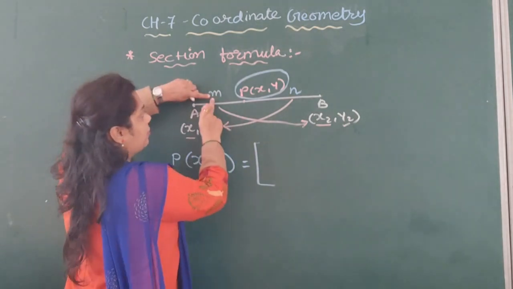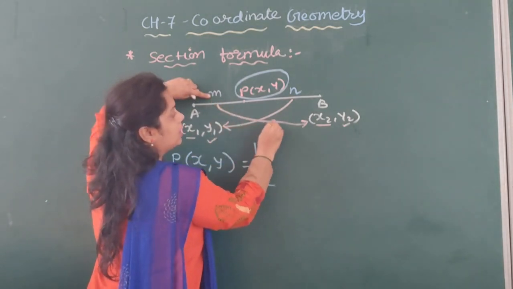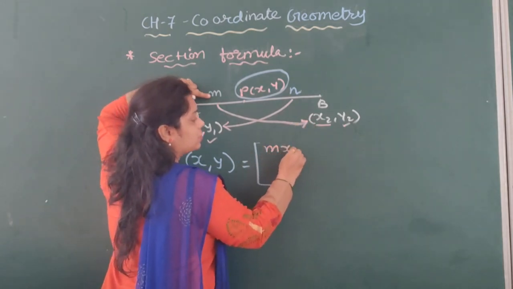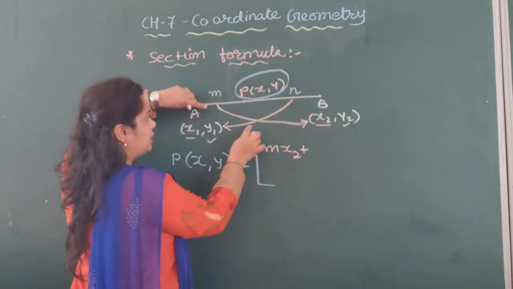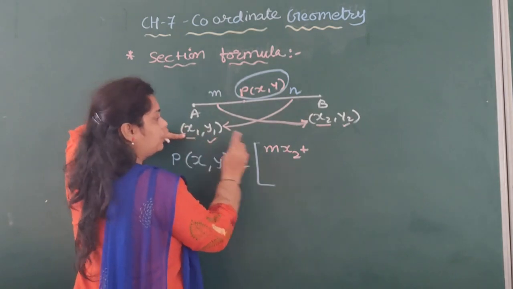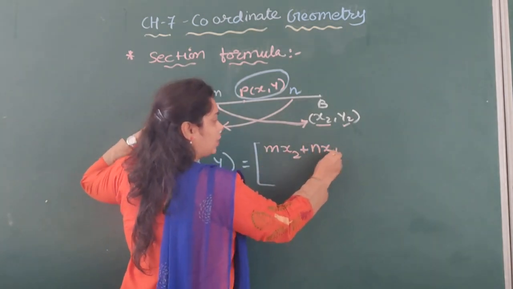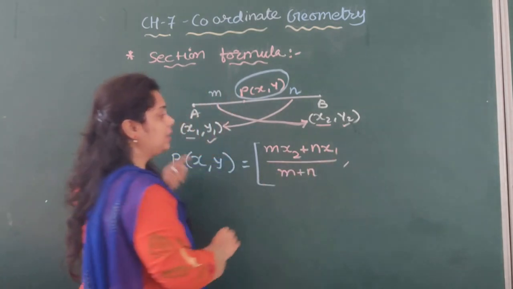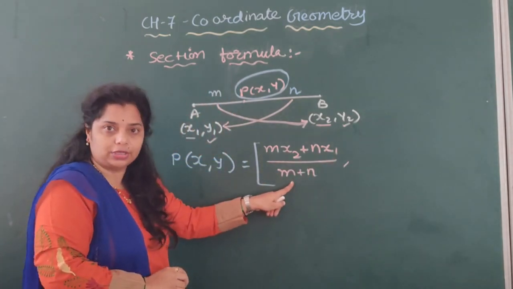Okay. Now, this m belongs with the x2. So, we first write m x2 plus, then n belongs to x1. So, it is n x1 and divide by m plus n. Similarly, this is for the x coordinate.